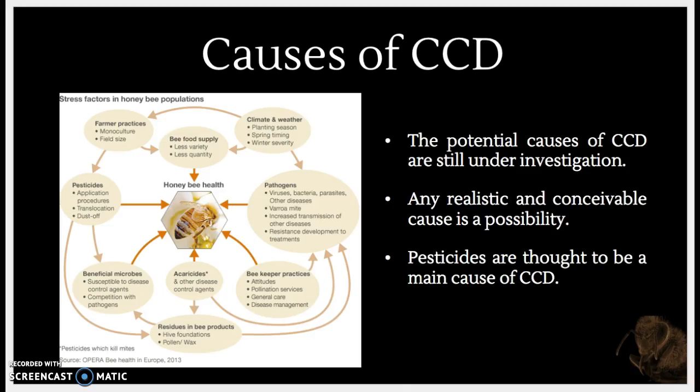The causes of colony collapse disorder are still under investigation and are not yet very well understood. Currently, any realistic and conceivable cause is a possibility, and most scientists agree that there is no single cause for CCD. Nevertheless, there are potential and leading etiological factors that make us more or less sure of their contributions to CCD.